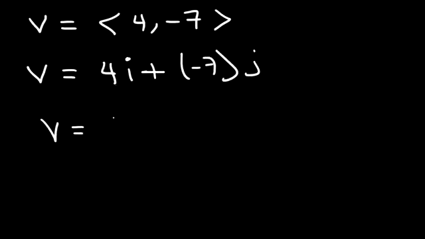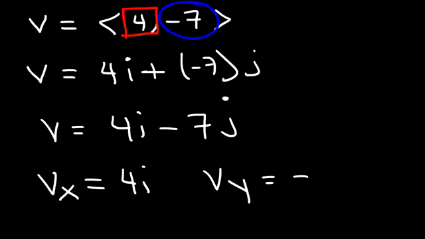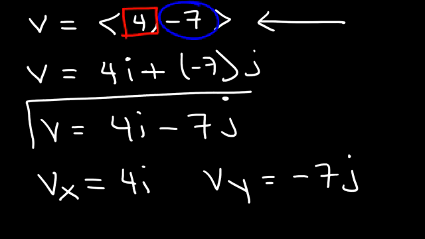Or we could simply say it's 4i minus 7j. So this is the x component of vector v, and this is the y component. So the x component vx is basically 4i, and the y component of vector v is negative 7j. And so you could represent any vector in its component form or using standard unit vectors.